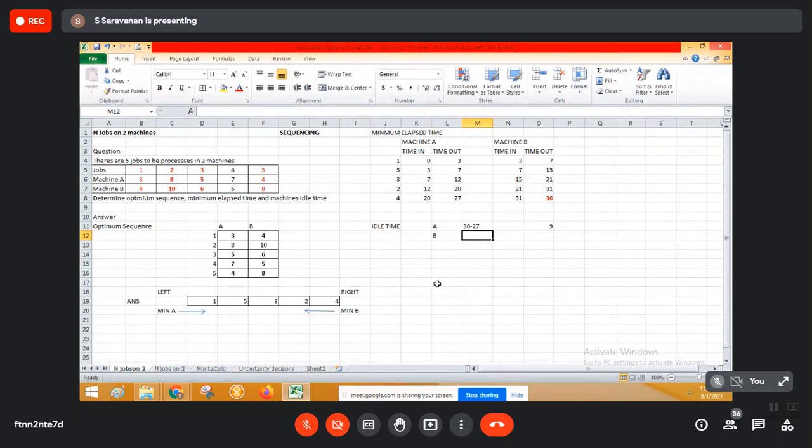Right. So for B, how much time is it idle? 0 minus 3. No, 3 minutes. First it is 0 and 3. See here 15 minutes has entered, 21 it has entered, 31 it has entered. 3 minutes it is in delay.